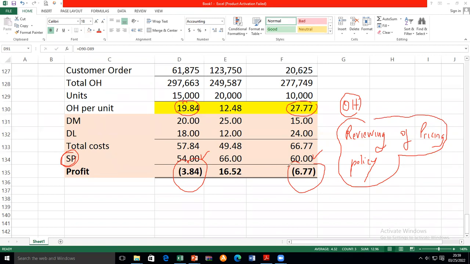Our pricing policy does not capture the product complexity. If we continue at this rate, we are just subsidizing these two products.